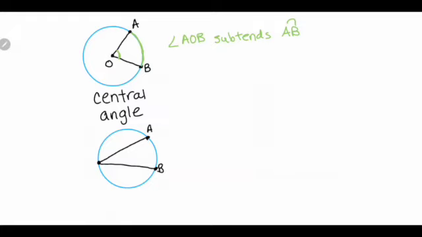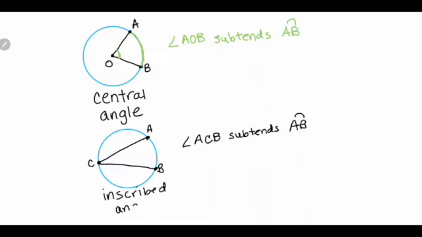Let's call this point out here C. In this particular case, angle ACB subtends arc AB. But this, however, is not called a central angle because the vertex is not at the center of the circle. This is called an inscribed angle. And that's because the vertex is on the circle itself.